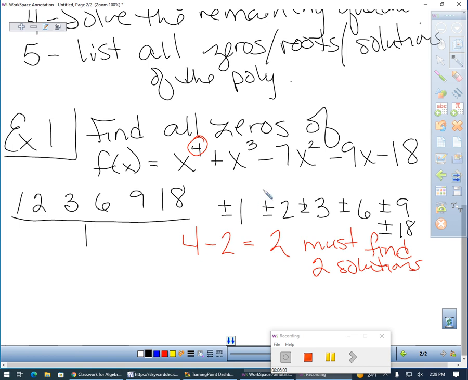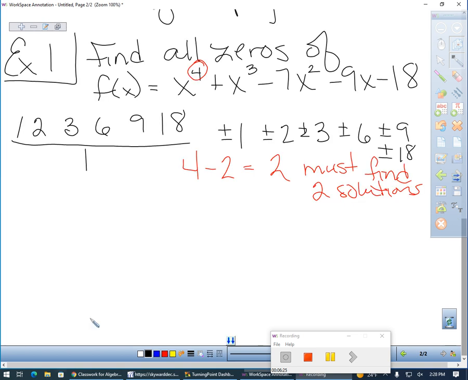Now, we can either take all these and plug it back into that polynomial, or you can grab that wonderful calculator you have there, graph it, and see where it crosses the x-axis. Find me 2 spots. You can put it in the table and find me 2 spots. We can do it either way. So you guys all check this out and tell me what are our first 2 zeros we're going to use.